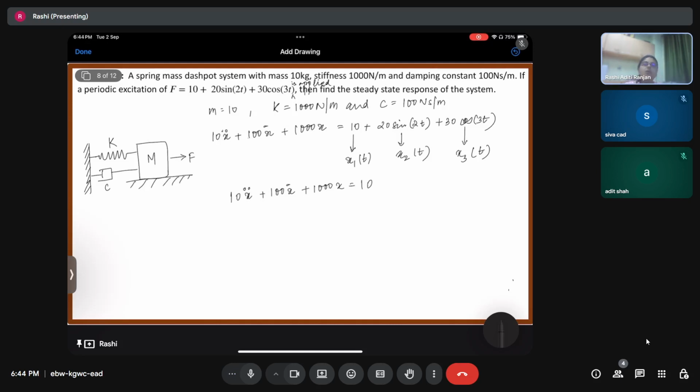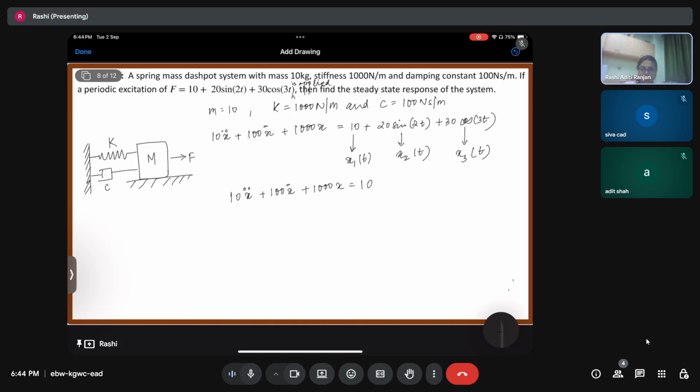We don't need to solve the differential equation and then get the solution. By intuitive understanding, we know that if we have a spring mass dashpot system and we apply a constant force on it, it is going to show some transient vibration, and then it is going to achieve a steady state value which is going to be constant, right?